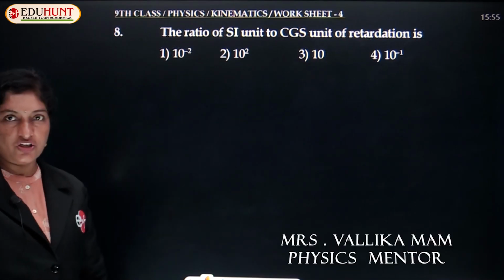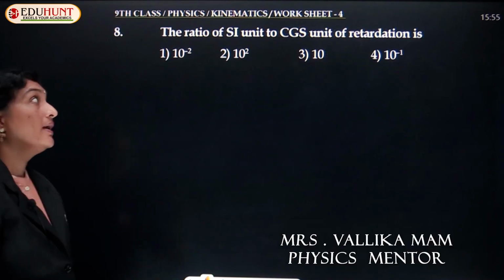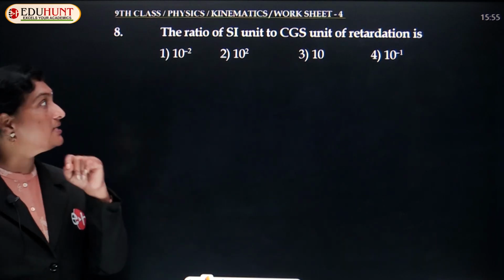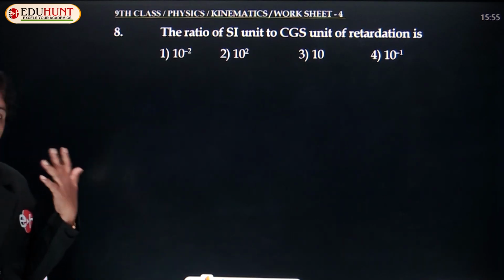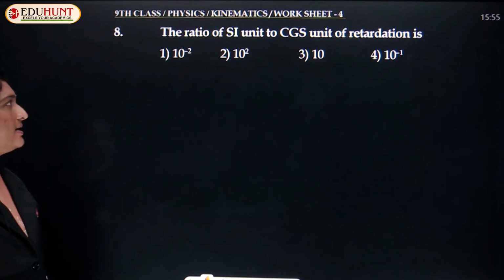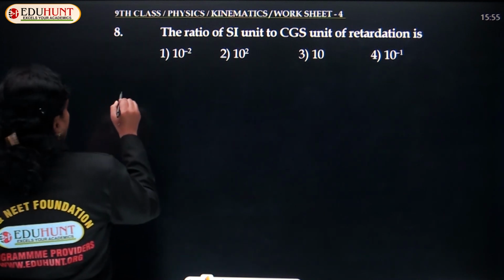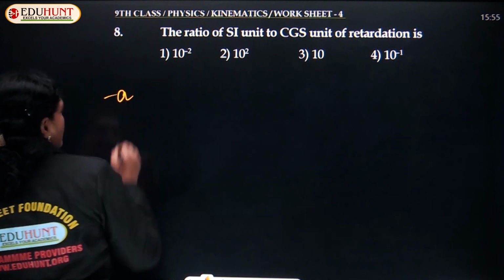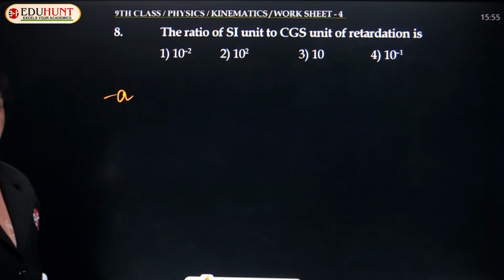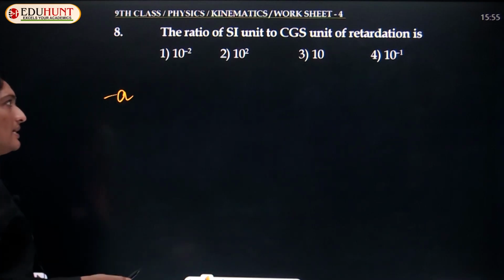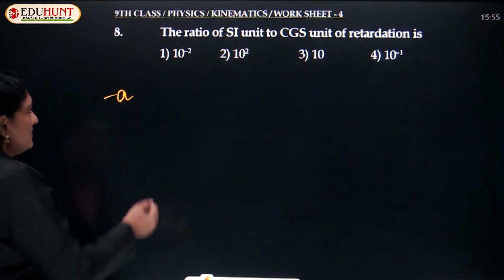Next one, 8th question. The ratio of SI unit to the CGS unit of retardation. Retardation or acceleration, whatever you consider. If acceleration, I consider it as A. Retardation is taken as minus A. That's it, nothing more than that.